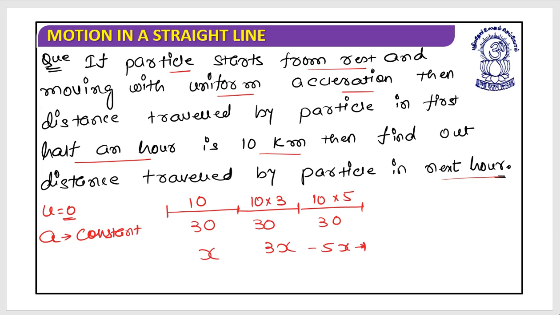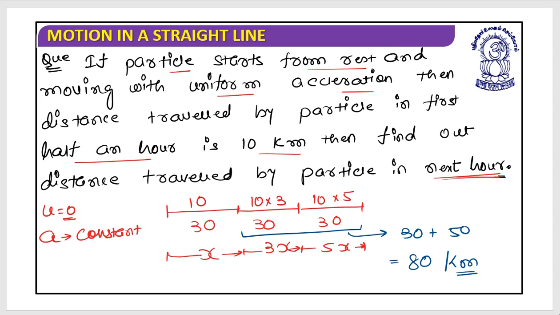I hope these things are clear to you. This is x, 3x and 5x, Galileo's law of odd numbers. So distance traveled in next hour would be addition of these two. It's 30 plus 50, that is equal to 80 kilometers. This would be the answer.